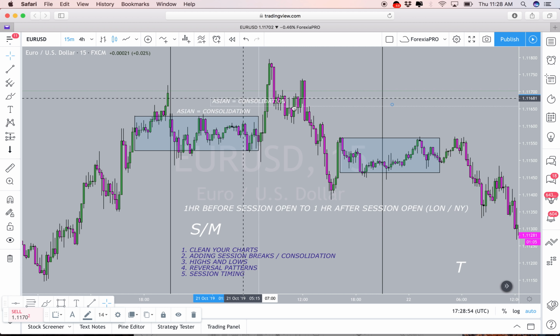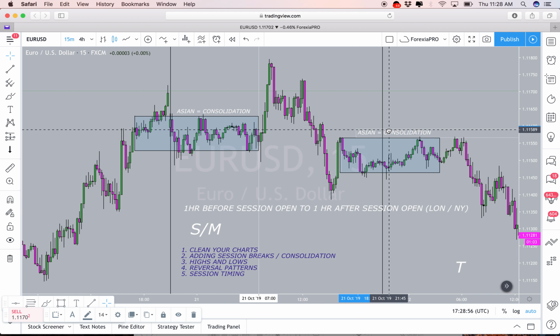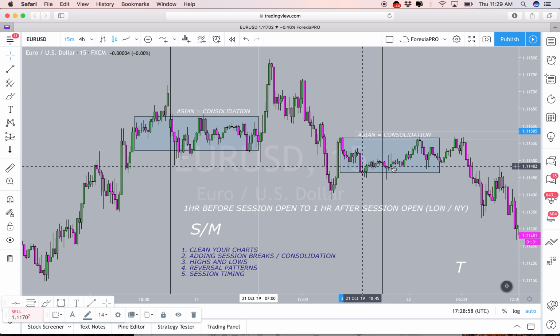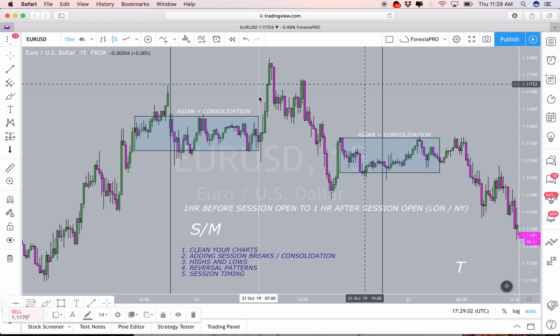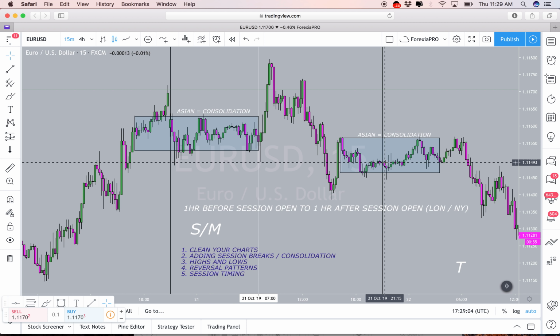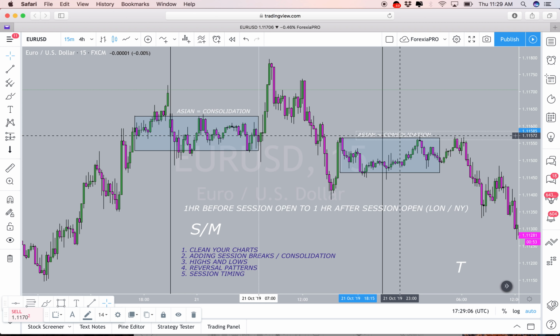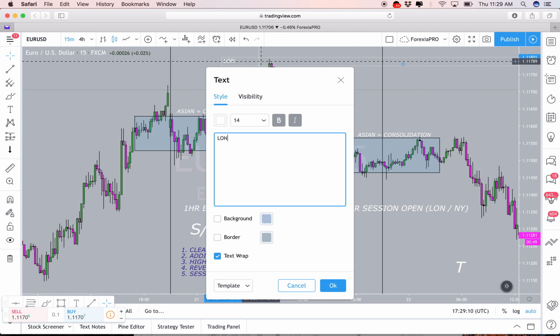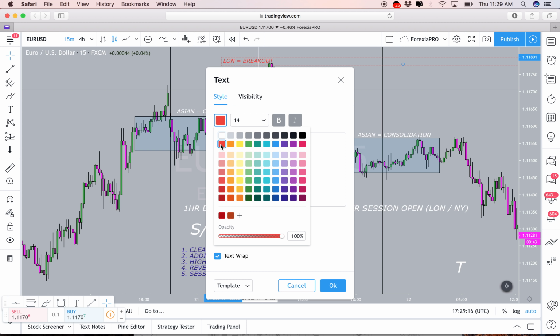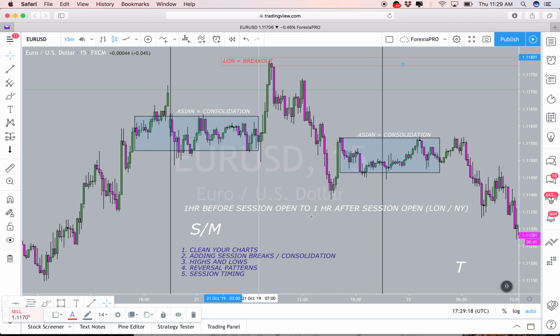Asian session, we don't trade. I personally don't trade because that's what happens most of the time. So Asian session consolidation, then what happens? We have London. London session is known as the breakout session. Why? Because we break out of Asian session consolidation. We break out of the range.